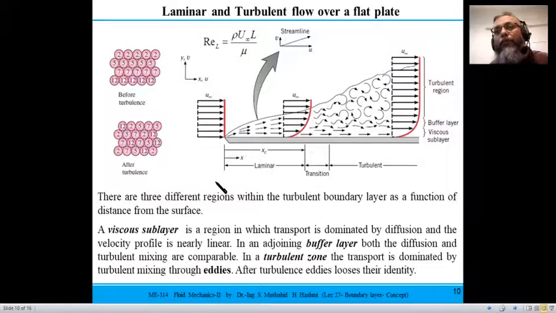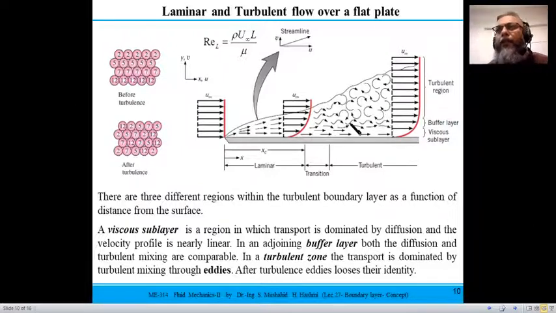We can see the three different layers we already defined: viscous sublayer, buffer layer, and turbulent layer. In this turbulent region, most of the flow within the boundary layer is full of eddies, so a lot of mixing takes place due to those eddies. But the layers very close to the wall, the viscous sublayer, would somewhat follow the laminar profile. The layers above are different.